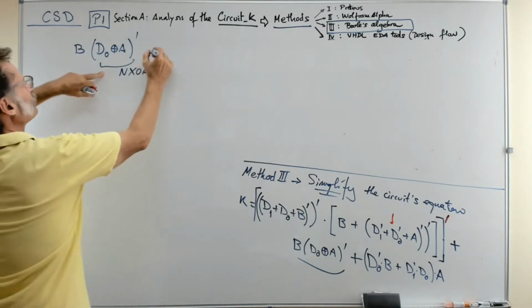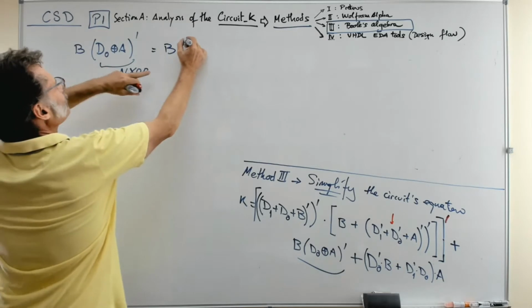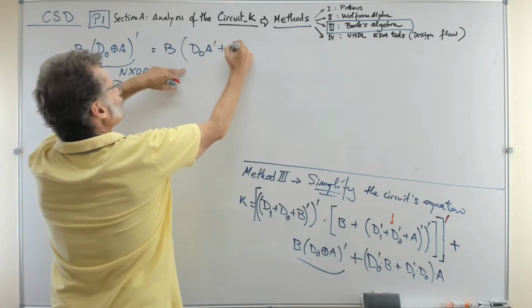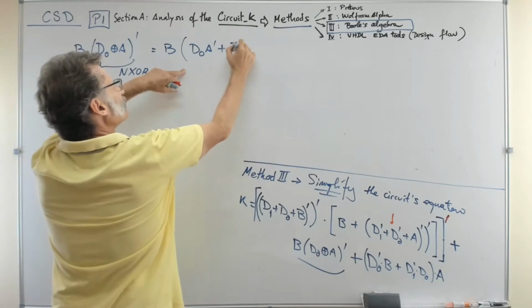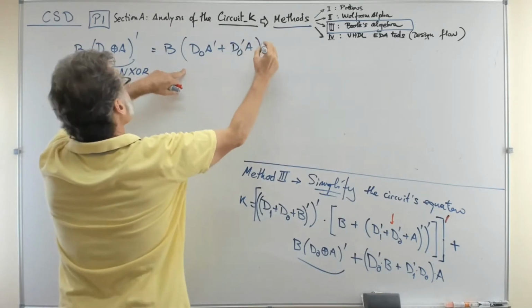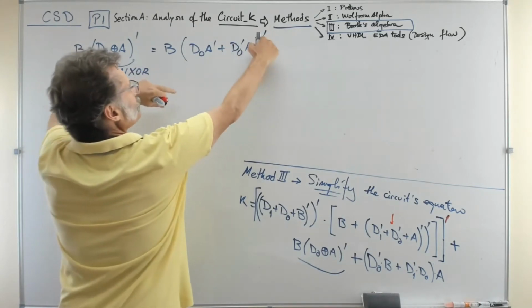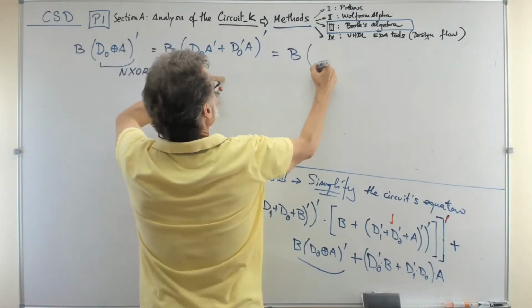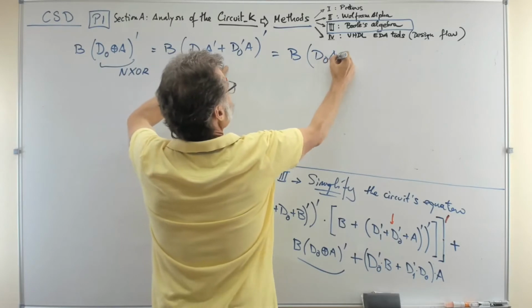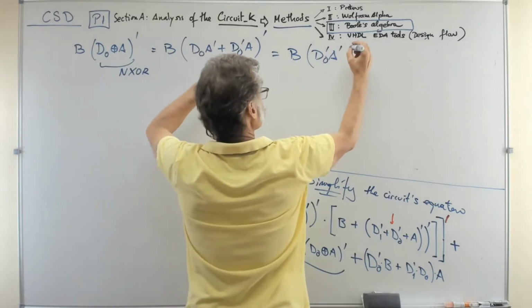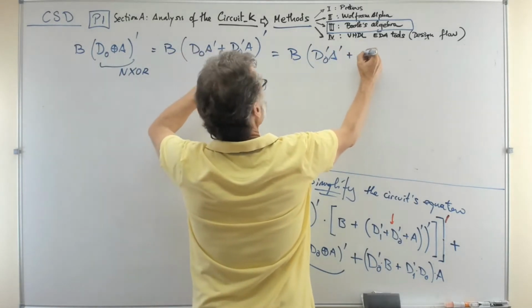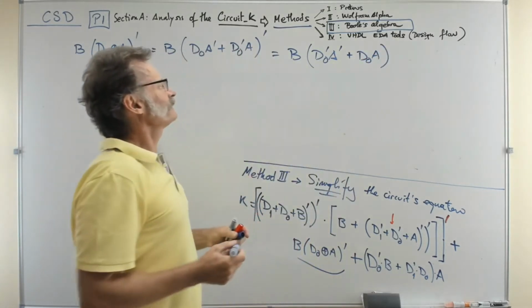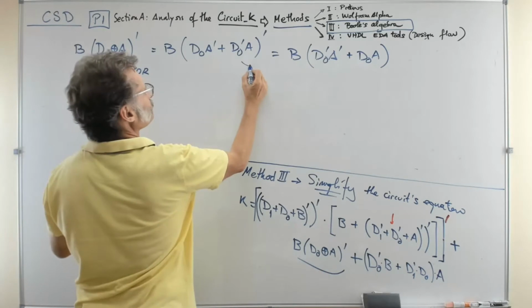So very good. This is B. In some way, the XOR is D0 A not and or D0 not A. So, and because it's not, this is B D0 A not or D0 A, like that. Okay, so you can demonstrate that.